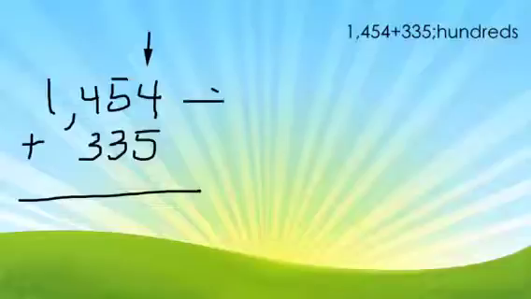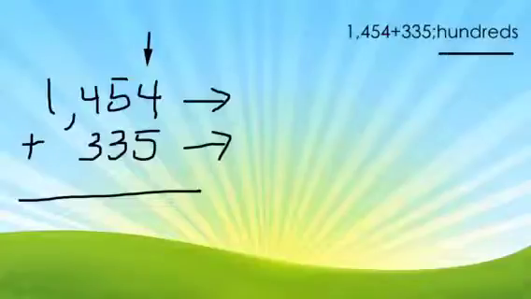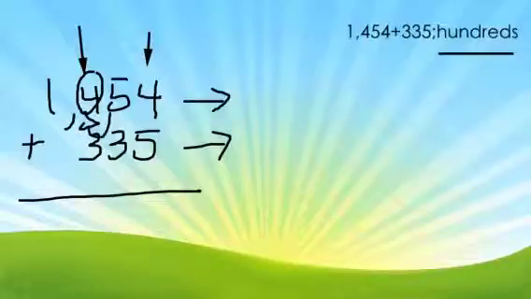So the first thing I'm going to need to do is round or estimate, and I'm rounding to the hundreds place. So that is right here. So I'm going to take this 4, I'm going to circle it, it's my balloon, and the 5 is going to hold it. If I let go of 5 fingers, then my 4 would go up and change to 5.